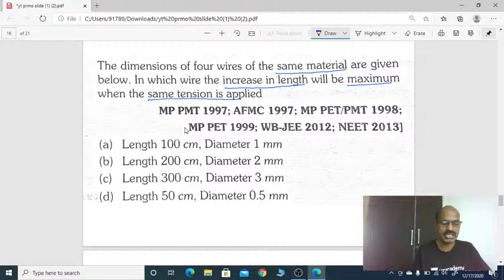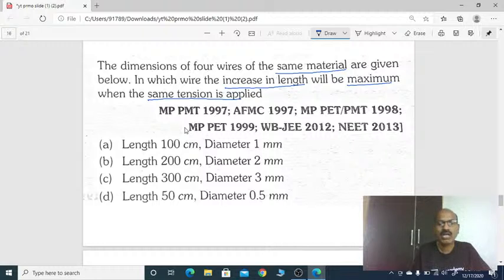Tensional force. Tension is nothing but force. When the same tension force is applied, the 4 wires are all made of the same material. In which wire will the increase in length be maximum? Keep in mind, in which wire will the increase in length be maximum?